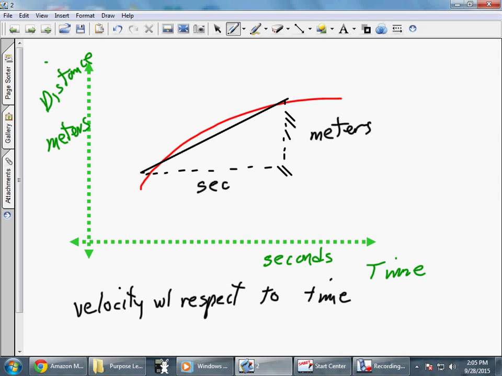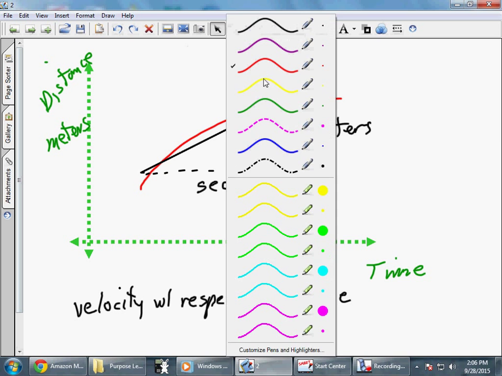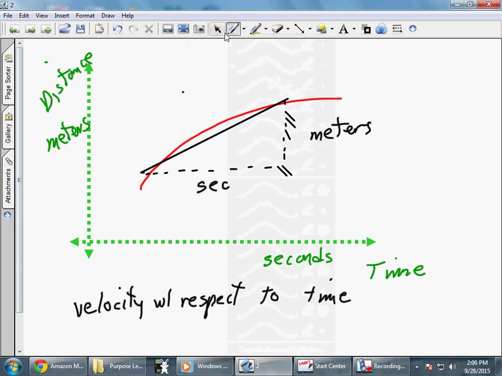Okay, so if you're dealing with a secant line, it's average velocity, right? It's average velocity, and if you do the first derivative, then we can say, oh hey, this secant line gets closer and closer and closer to a tangent line, which might be like that, at some point.